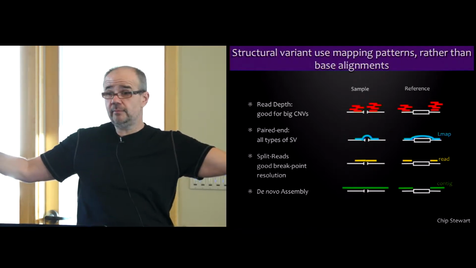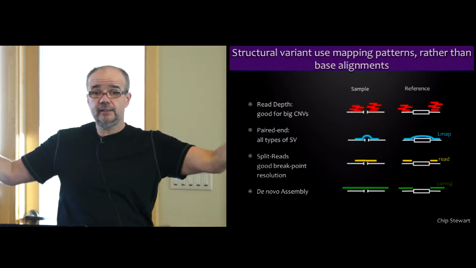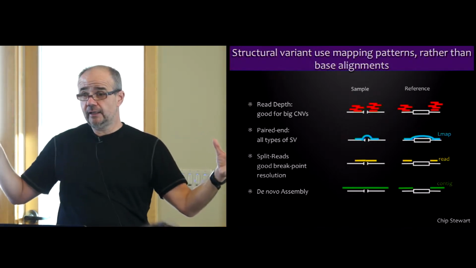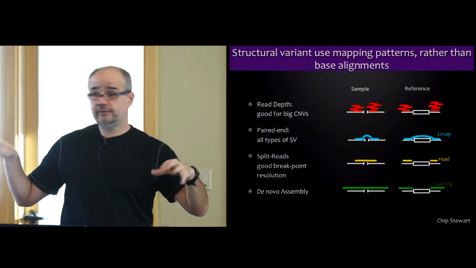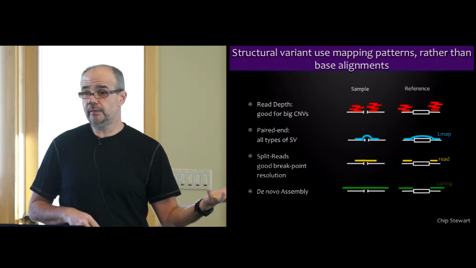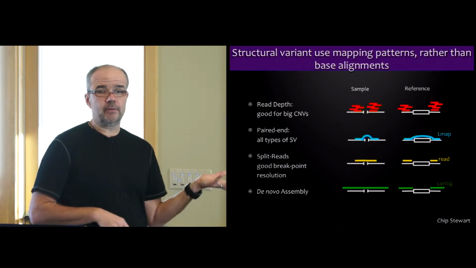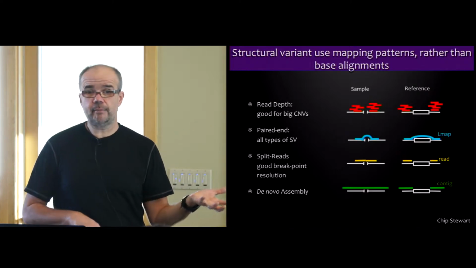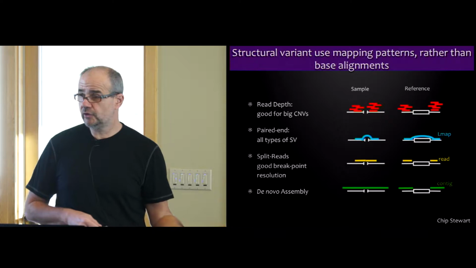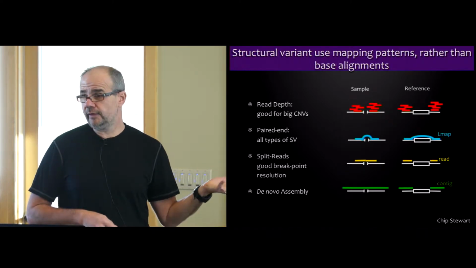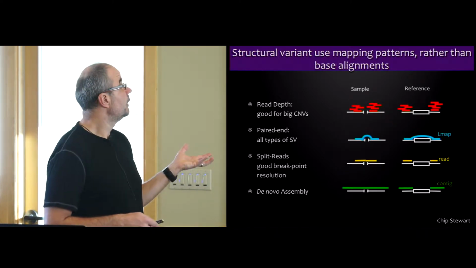If it's a 1 kb deletion or a 2 kb deletion, it would look like the fragment length between these two end mates is like 2.5 kb or 3 kb. So what's called aberrant fragment length or apparent fragment length and read pair distance is another signature of some of these structural variants. Okay. Split reads.